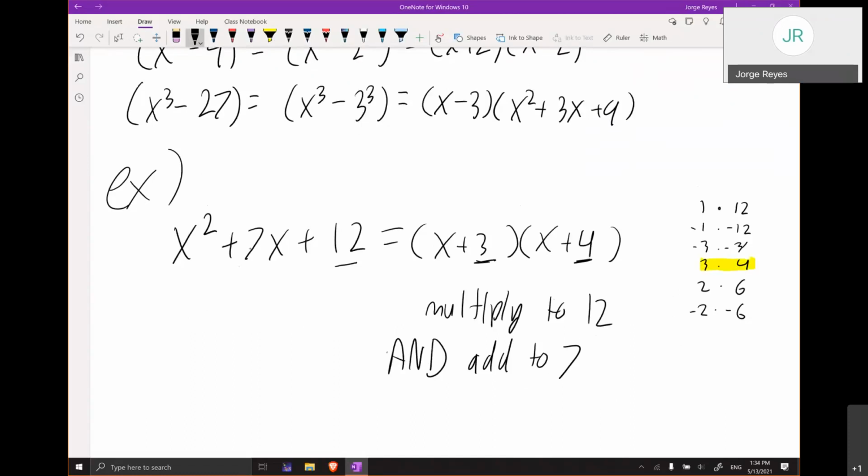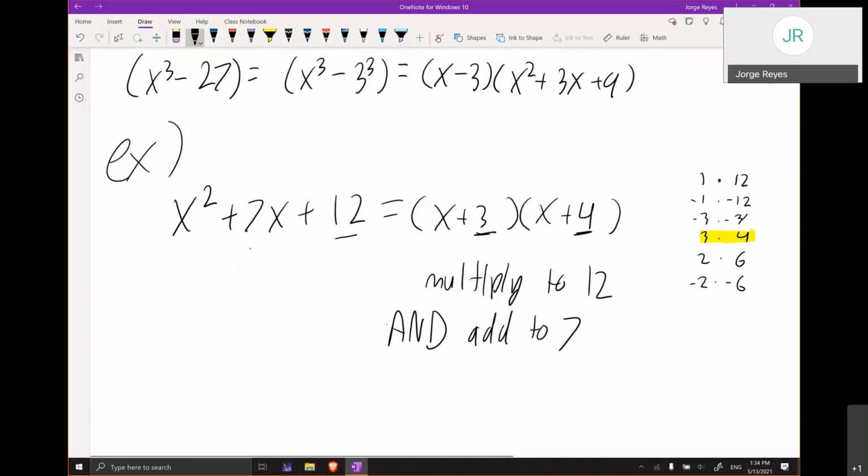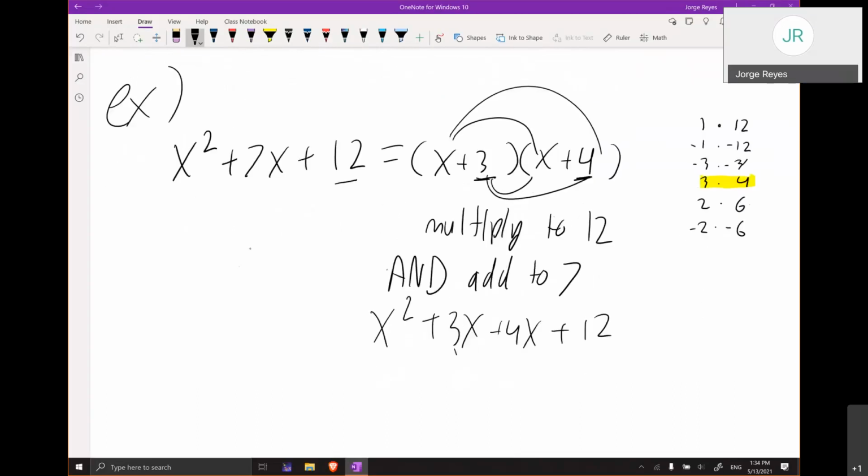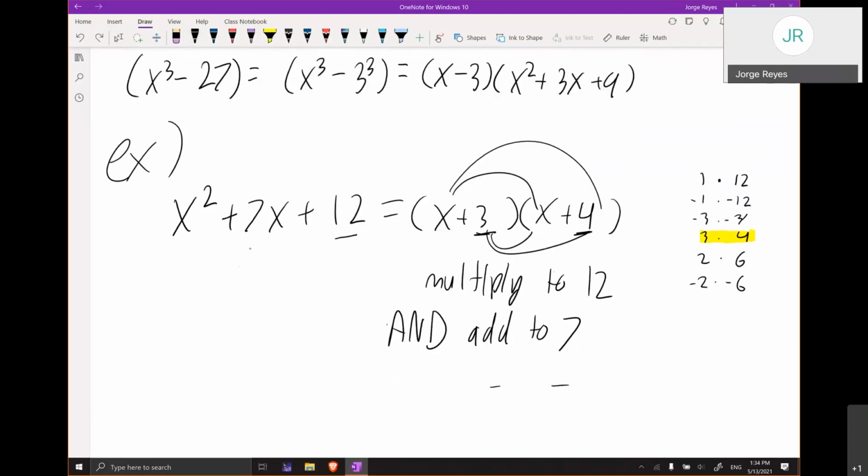And you can double check this because we can FOIL: x squared plus 3x plus 4x plus 12, and this is 7x. So ta-da, it works. This is how I learned to factor: you factor the constant term, and you need the factors to add to the middle term.